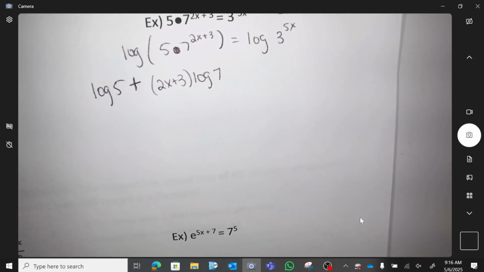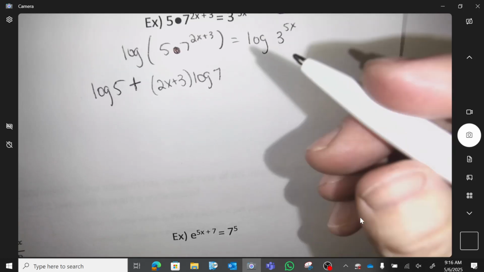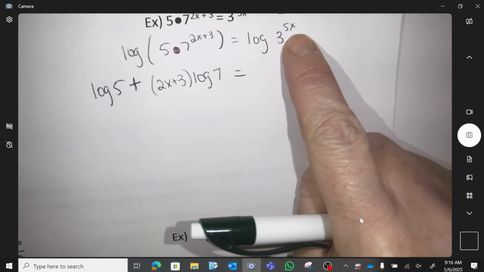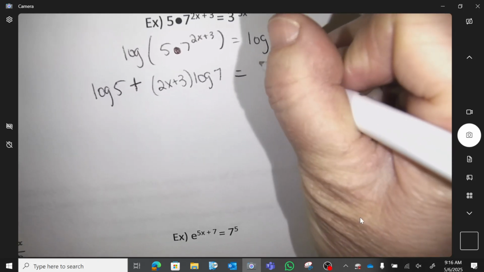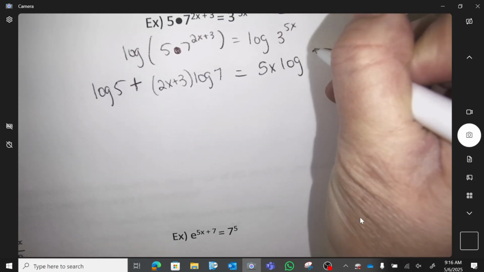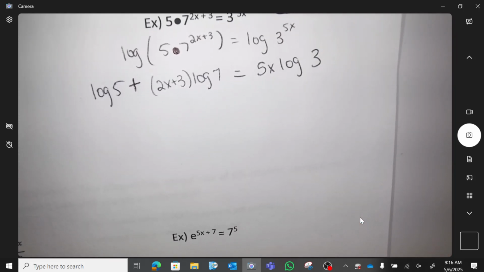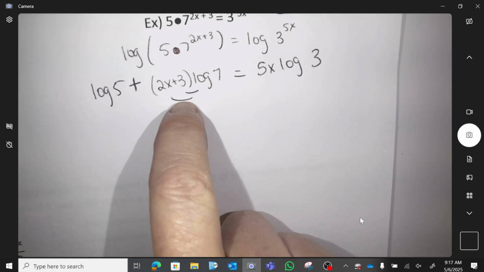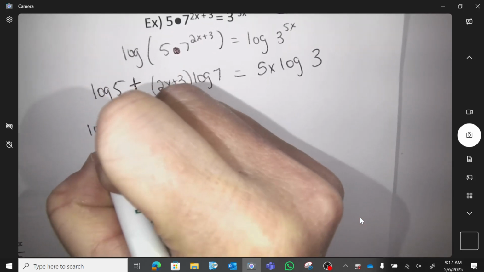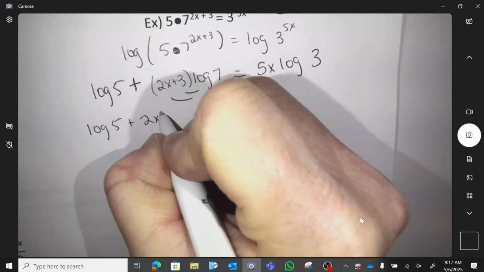Good? Do we like the rules? Okay, and then on this side, the exponent can become the multiplier. Okay, that's the rules. Now you have a bracket, so this would have to go through. So I'm going to keep everything else though.